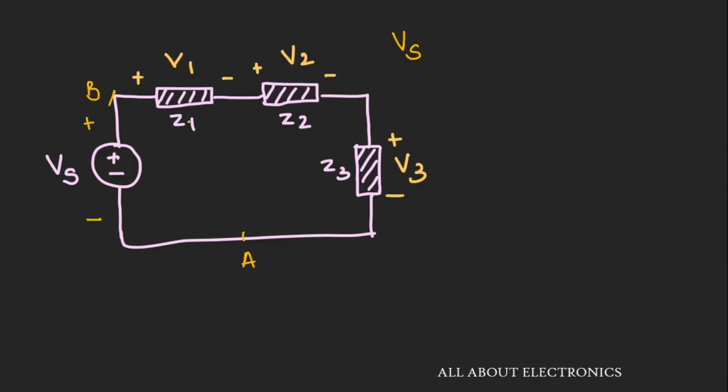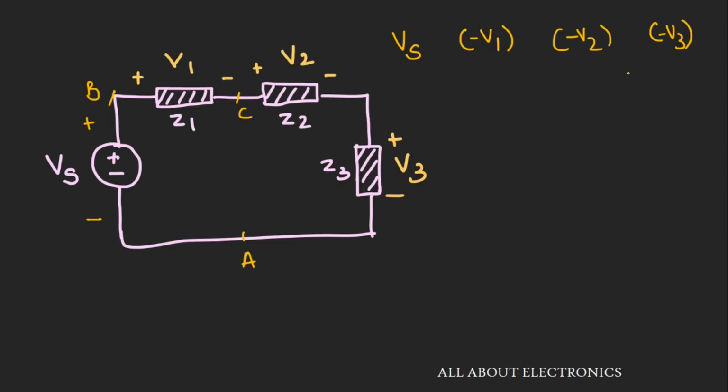Now from point B to point C, there is a drop across this element Z1, so we can take this voltage V1 as a negative voltage. Likewise, moving across these elements Z2 and Z3, there is a drop across these elements, so we can take V2 and V3 as negative voltages.